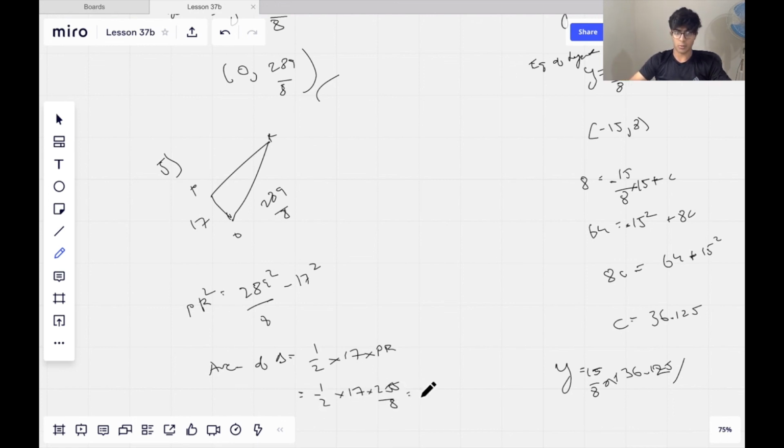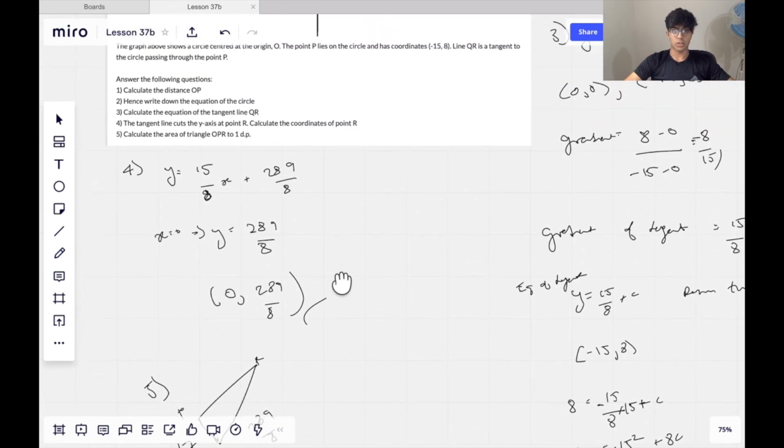If we do this on the calculator, it comes out to 270.9375. If we round to one decimal place as it asks, the 9 rounds up, so it's 271.0 to 1 decimal place. There we go, and that's that.